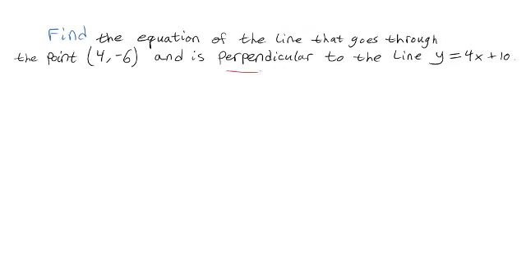Well, they ask for the equation of the line that's perpendicular, which means they intersect like this. This is one line, and this is the other line. And these form 90 degrees, like a square. That's what is meant by perpendicular.